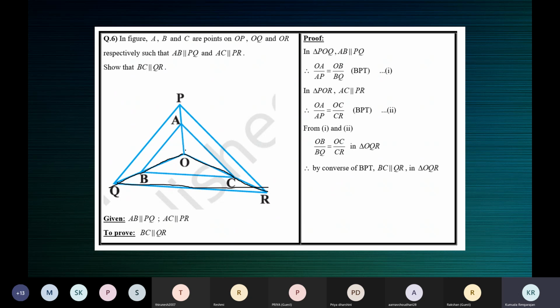This proportion is true in triangle OQR. So when a proportion is true, use the converse of BPT and you can find a set of parallel lines.